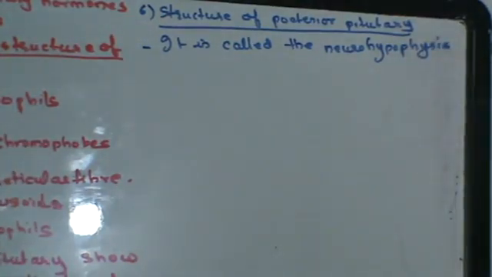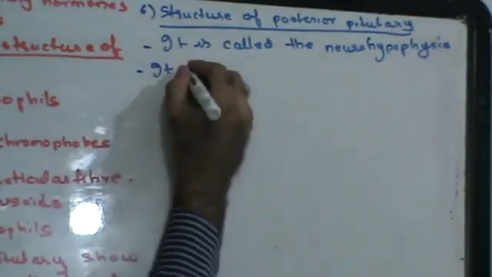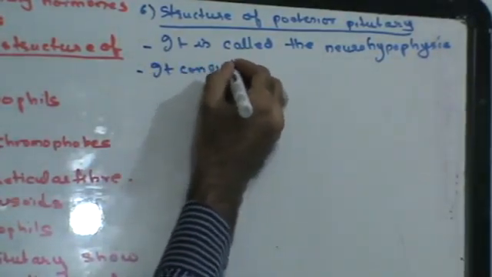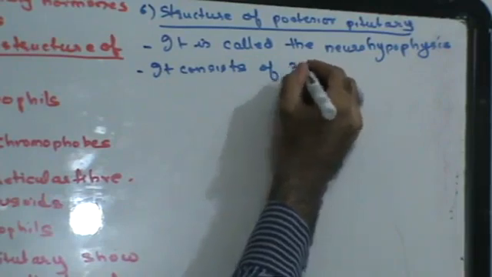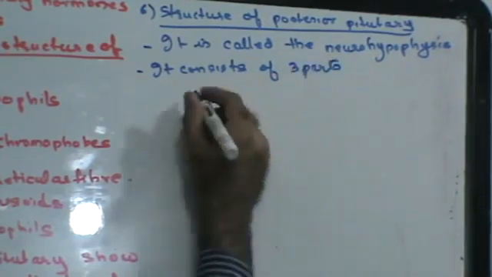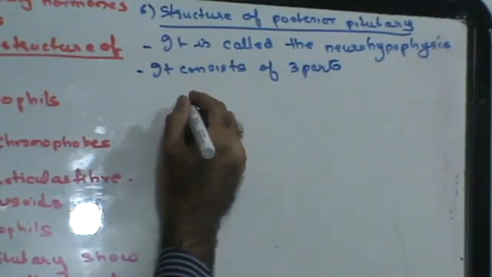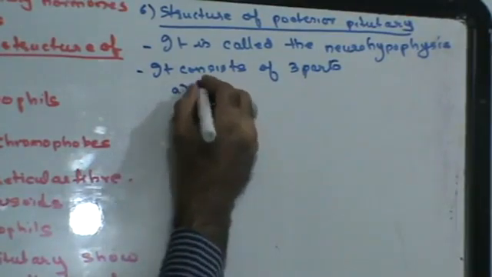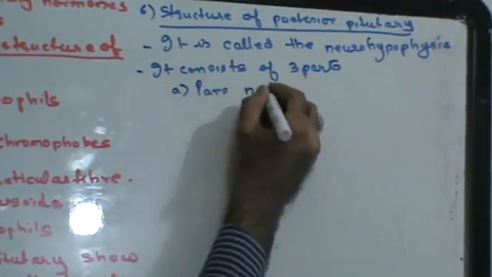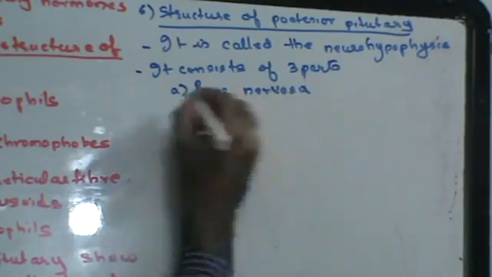It consists of three parts. One, pars nervosa.